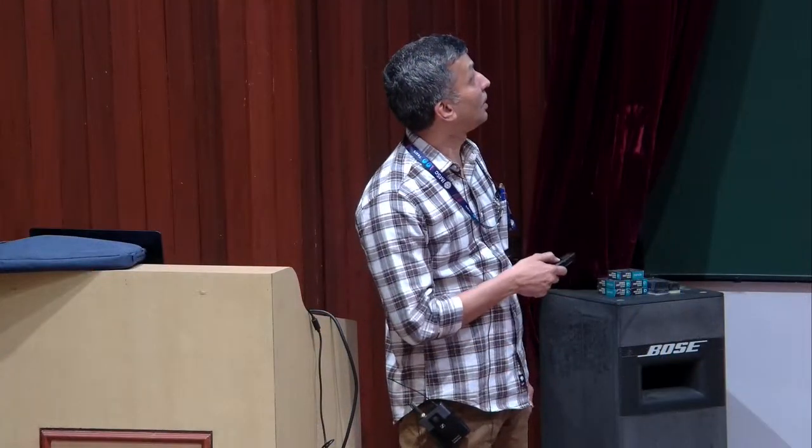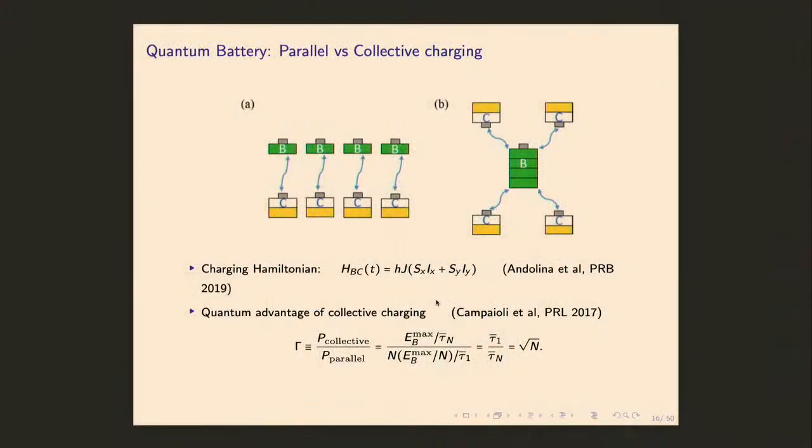So is there a way to tweak the frequency and the amplitude of these pulses to have faster charging? Still faster, you mean? No, I mean, faster than square root of n. Is it already optimized, or could you still improve it? See, square root of n is proven to be the best you can do with this Hamiltonian.